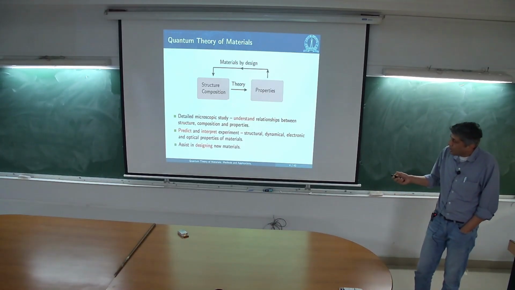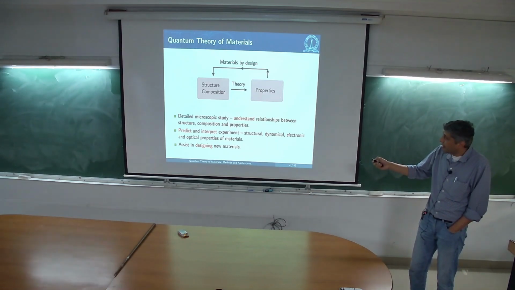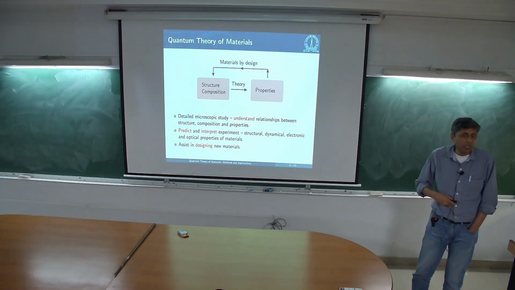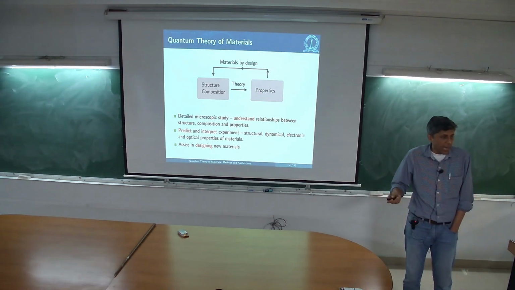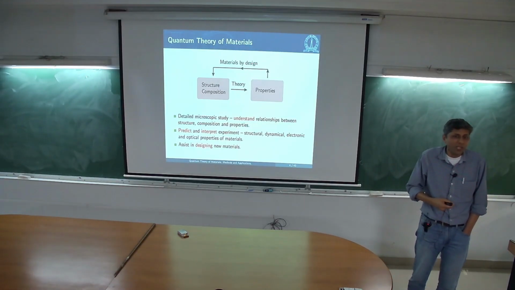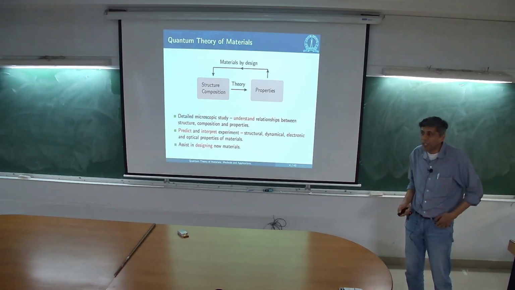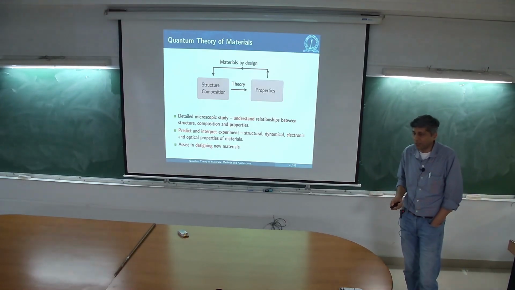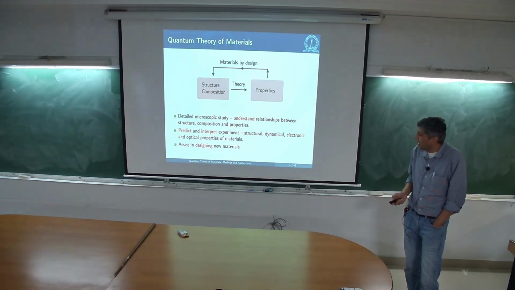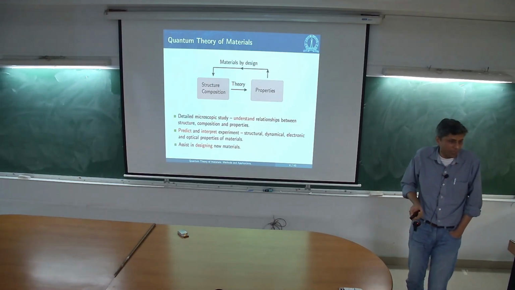And of course, ideally, one would like to not just go from here to here, but rather have a set of properties which we want in a material and go back and close this loop, right? That's the holy grail, the inverse problem: given a property, can you tell me a material which will have these properties? And so this is the big picture idea of what quantum theory of materials is all about.